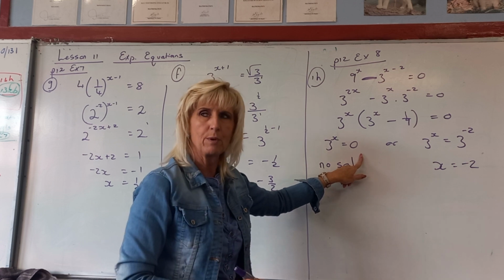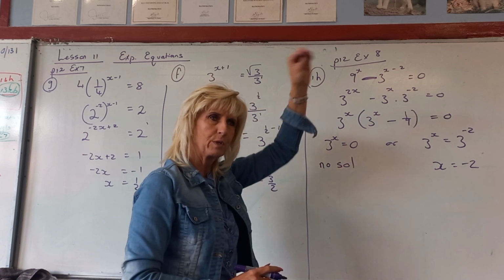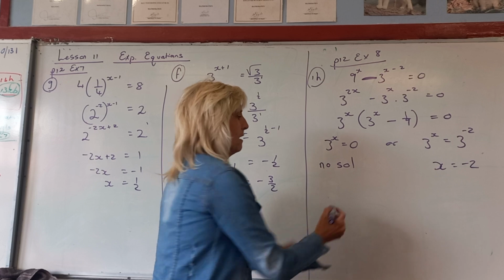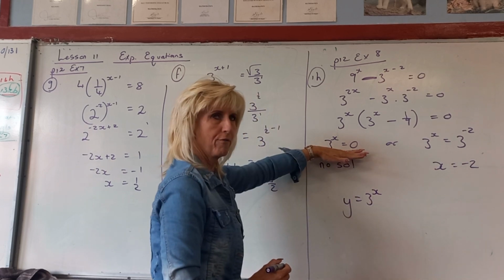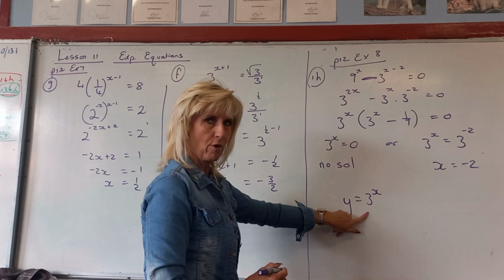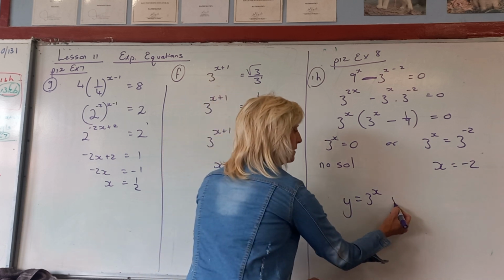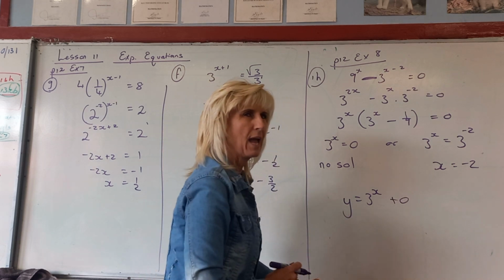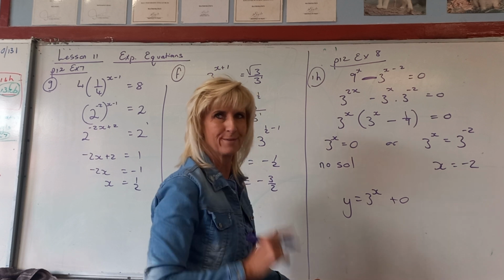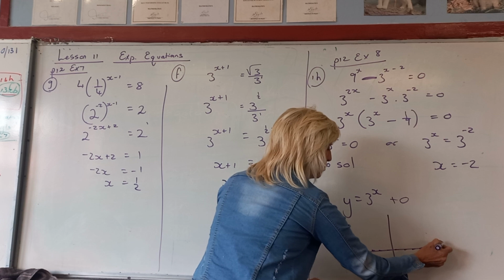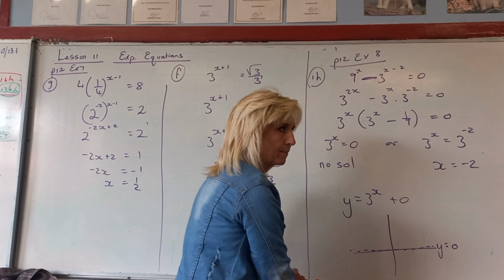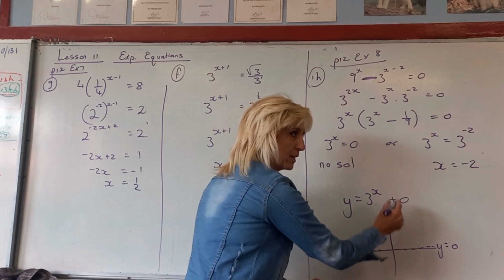Because actually what we're busy with, thinking about graphs which are coming later, if you look at the exponential graph, this was my graph, and you should know that this plus 0 is my asymptote, which means I'll always be coming closer and closer to y equal to 0, but never touching it.